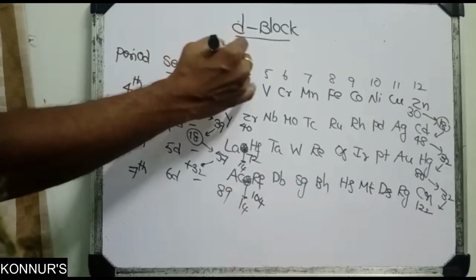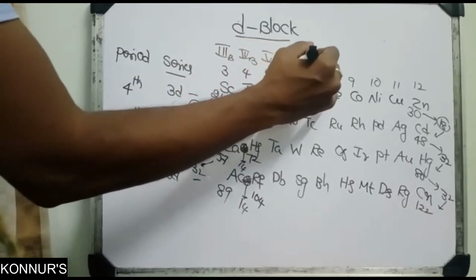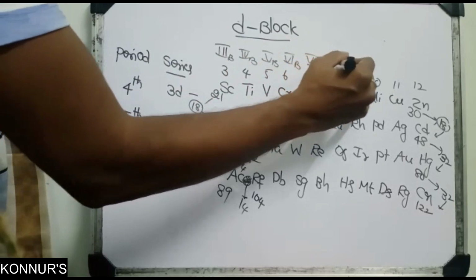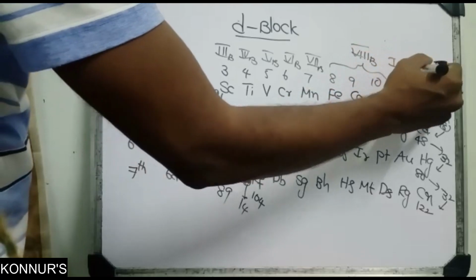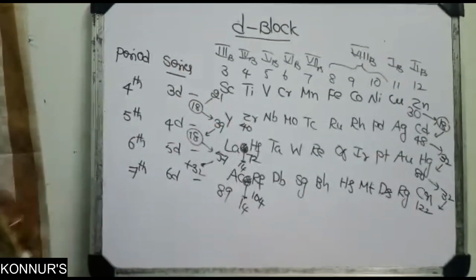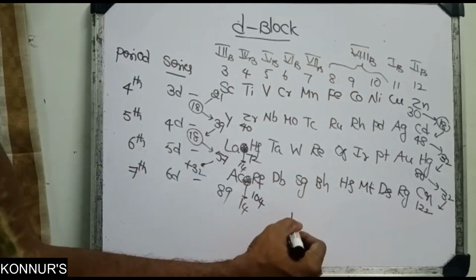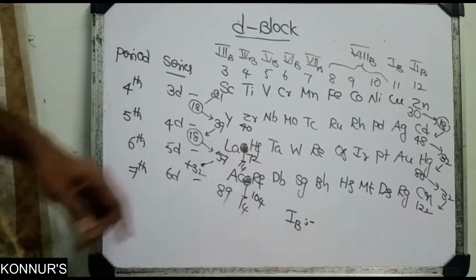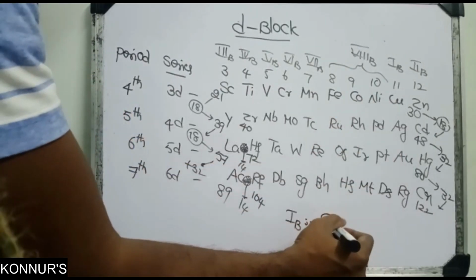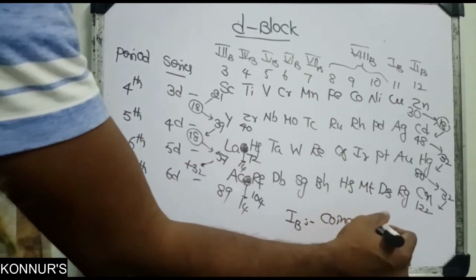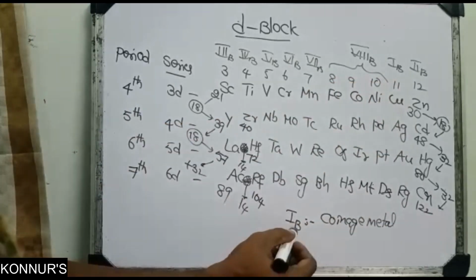These are represented as third B, fourth B, fifth B, sixth B, seventh B, eighth, ninth, tenth, which you call eighth B, first B, second B. Next, the first B: copper, silver, gold. These are called coinage metals. In olden days our money transactions were with gold, silver and copper coins.